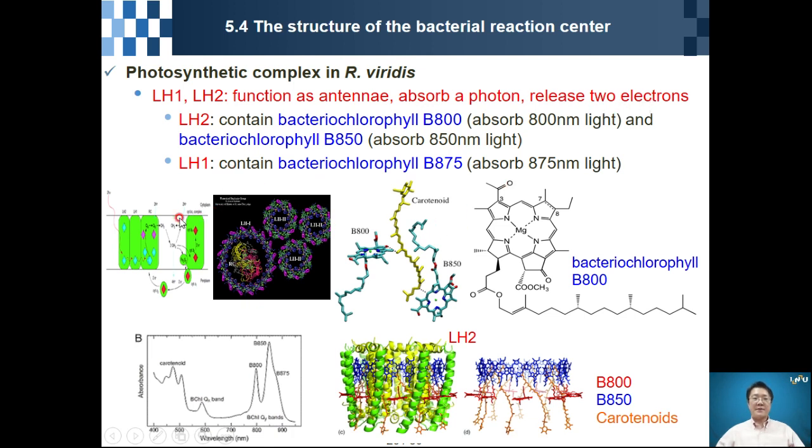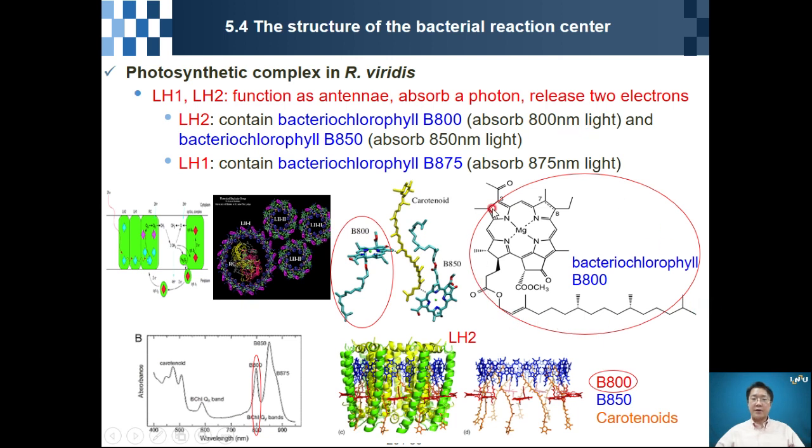Okay, let me start with LH2. So this is LH2. LH2 contains bacterial chlorophyll B800. So this is the B800. This B800 absorbs light at a wavelength of 800 nanometers.